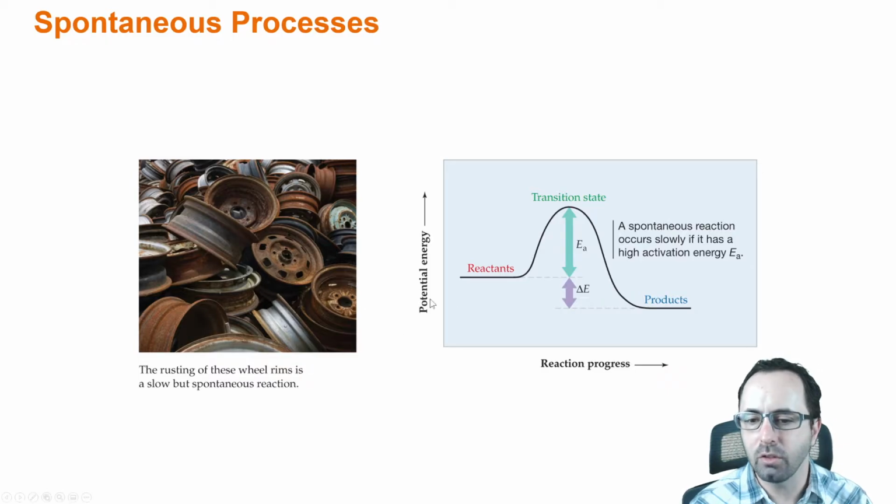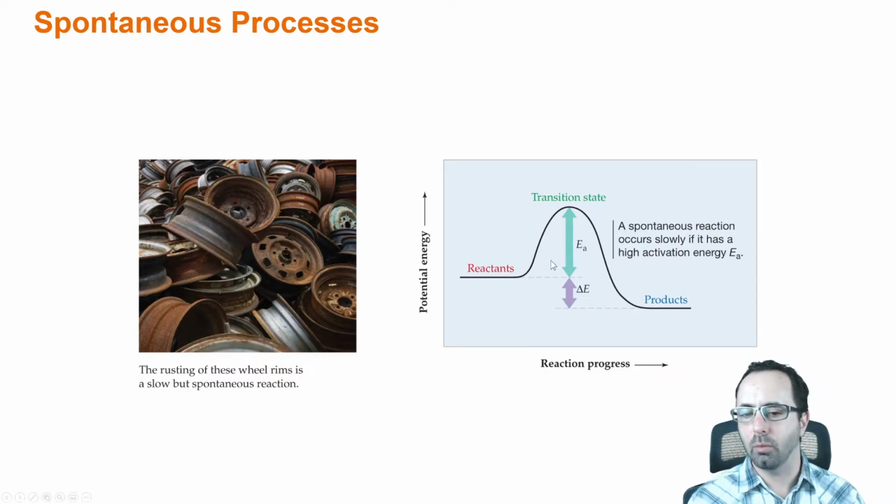In terms of an energy diagram, we can explain it in this way. Back in chapter 16, we made energy diagrams, and this is an energy diagram for an exothermic reaction. The reactants are higher in potential energy than the products, and so this reaction will go from reactants to products, but whether it's fast or not depends on the size of the activation energy.